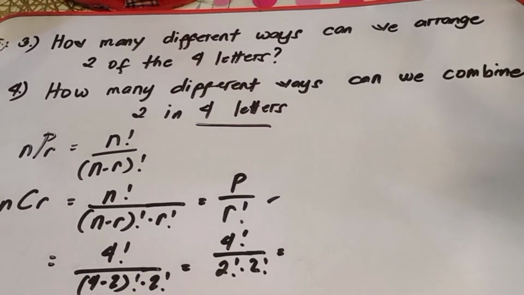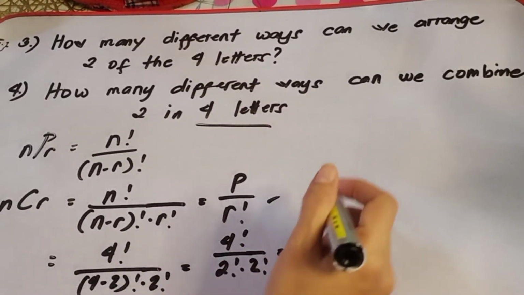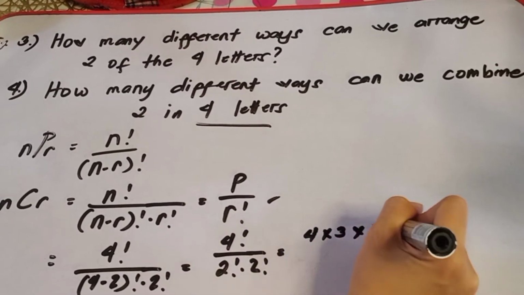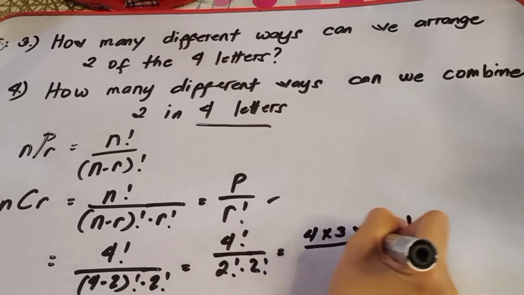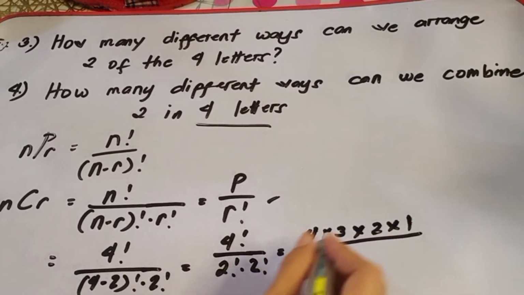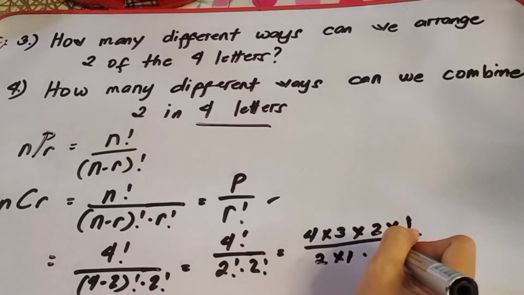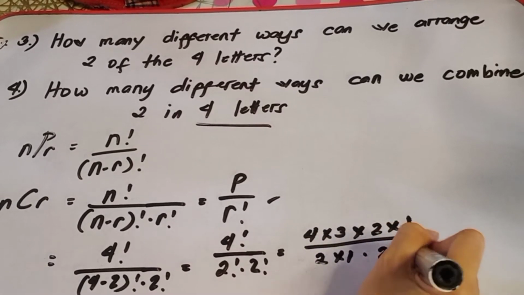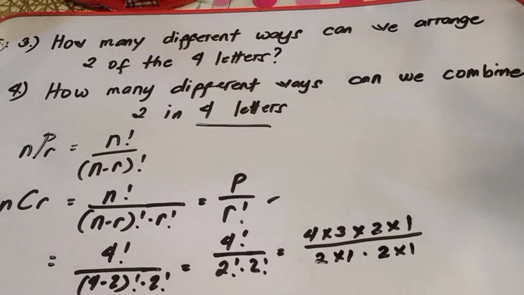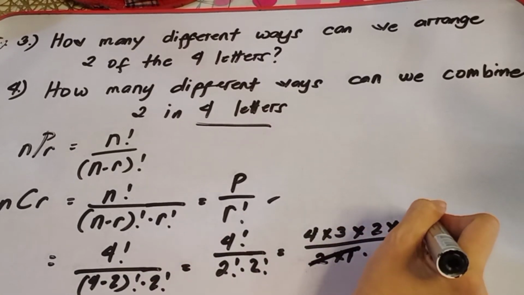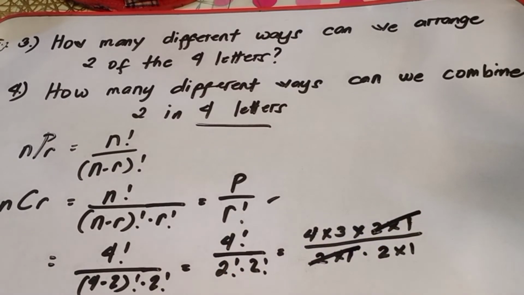Okay, so let's just simplify. We have 4 times 3 times 2 times 1 over, so 2 factorial, that is 2 times 1, and then we have another 2 times 1. Okay, so let's just now cancel 2 times 1 and the 2 times 1.